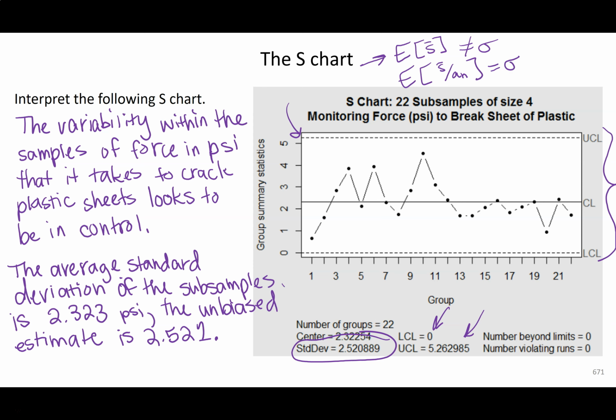So here we're going to say, hey, the unbiased estimate is 2.521 psi. And where does that come from? R calculates that for us. So that's just that S bar over A sub n. It's right here. This is what R has calculated for us.